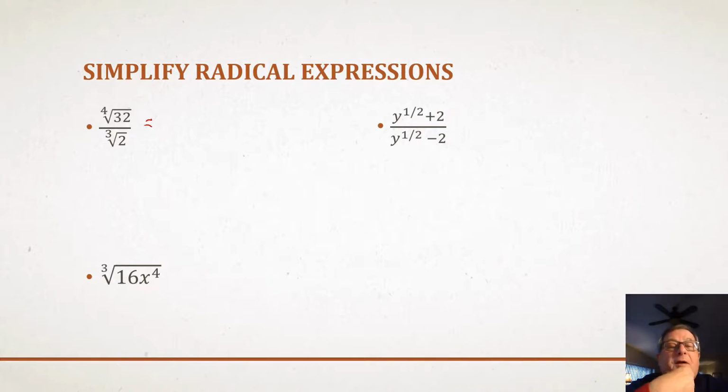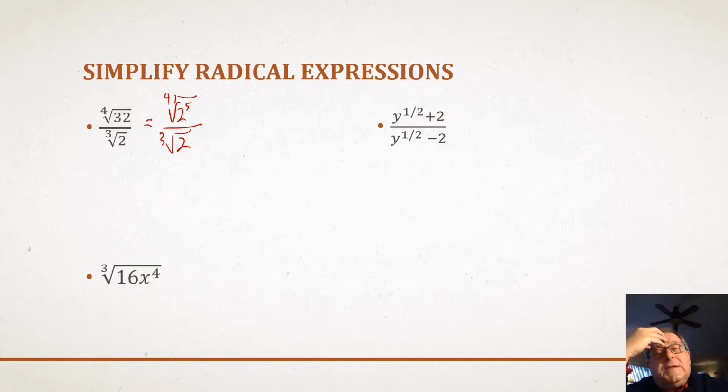And then my denominator, the cube root of 2, that radicand of 2, that's about the best I can do. But the 32 in the numerator, I could rewrite this as the fourth root of 2 to the fifth power, now divided by the cube root of 2.